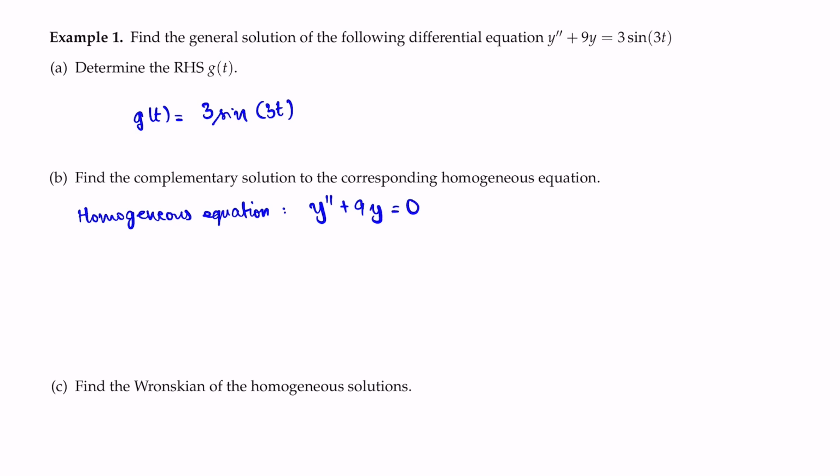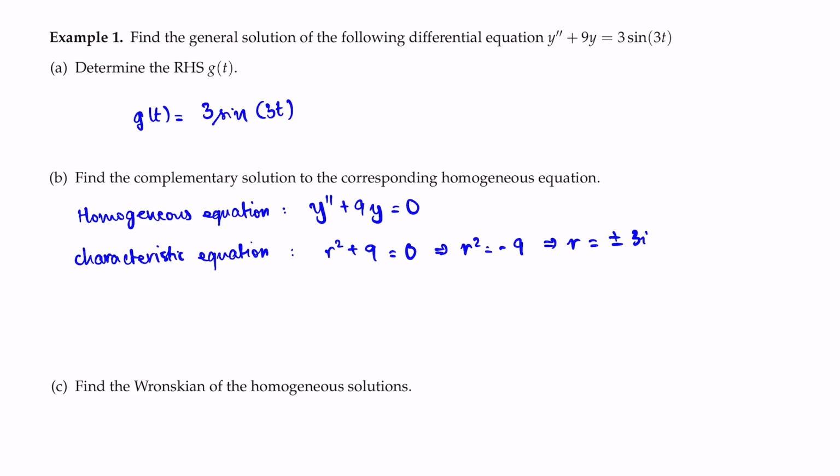Then you turn this into the characteristic equation of the form r squared plus 9 equal to 0, and you can find the roots of this equation. You get r squared equal to negative 9, or r is equal to plus and minus 3i. So this is the complex root with lambda equal to 0 and mu equal to 3.